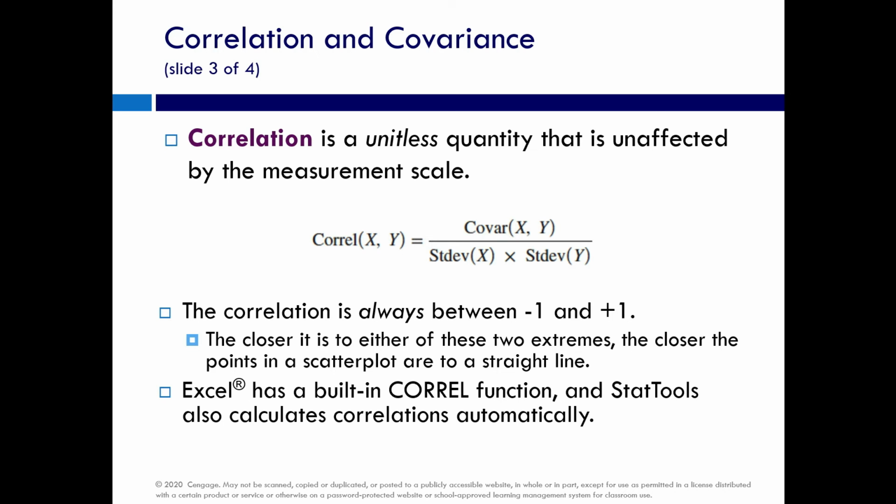The correlation is a unitless quantity that is unaffected by the measurement scale. The correlation is always between -1 and 1. The closer it is to these two extremes, the closer the points are to a straight line. Excel has the built-in CORREL function, and StatTools also calculates correlation automatically.